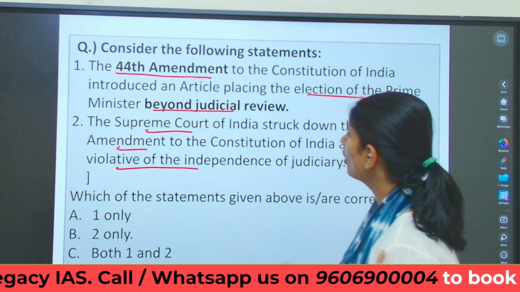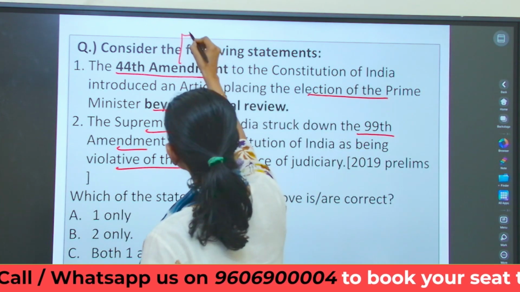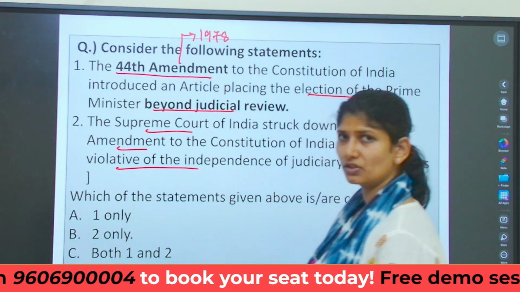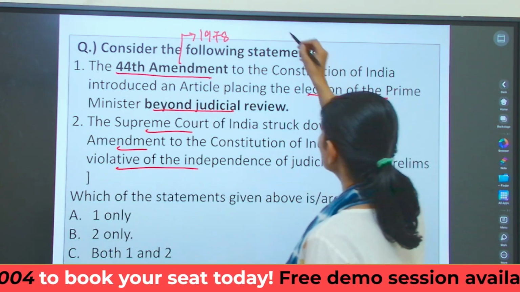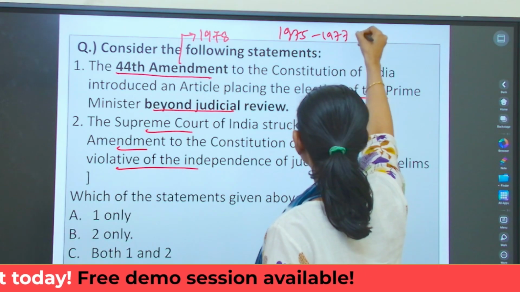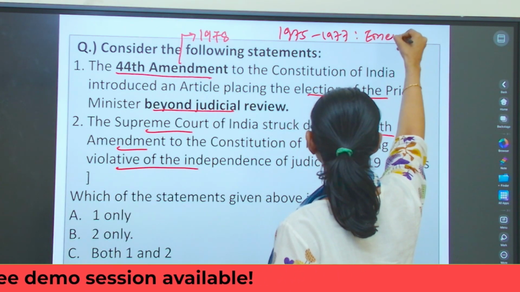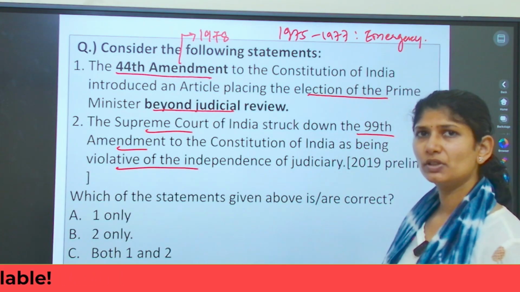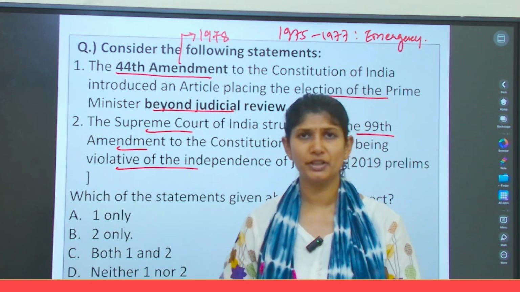Look at this. 44th Amendment was during your 1978 period. Your emergency was somewhere from 1975 to 77. So your 44th Amendment was a post-emergency amendment.